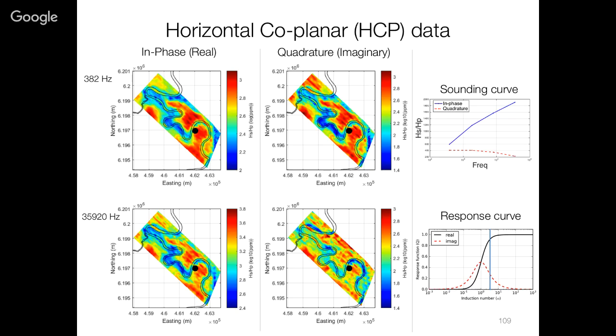What makes you say that the in phase is larger than the quadrature? Or are you talking about the sounding curve? Well, I'm actually talking about the whole sounding curve. Notice at the lower frequencies, there's less difference here, right? At the higher frequencies, there's a big difference.